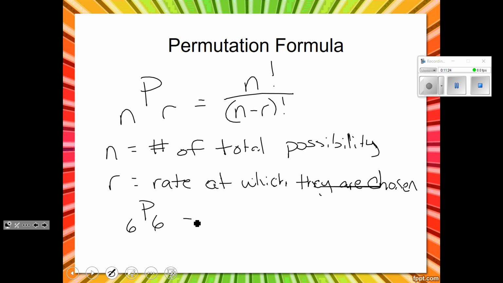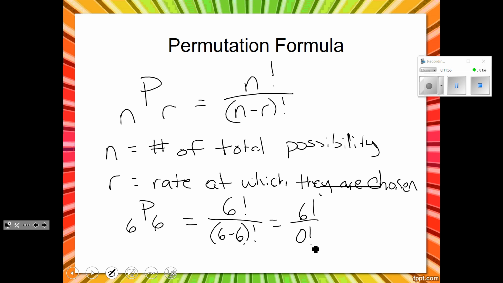So if we work this out in our formula, it would be 6 factorial divided by 6 minus 6 factorial. And everybody says, well, wouldn't that mean you would be dividing by 0? And we know it's all fun and games until you try to divide by 0, and that just can't happen. But 0 factorial, there's no such thing really as a 0 factorial because when you do a factorial, you only multiply down to 1, right?